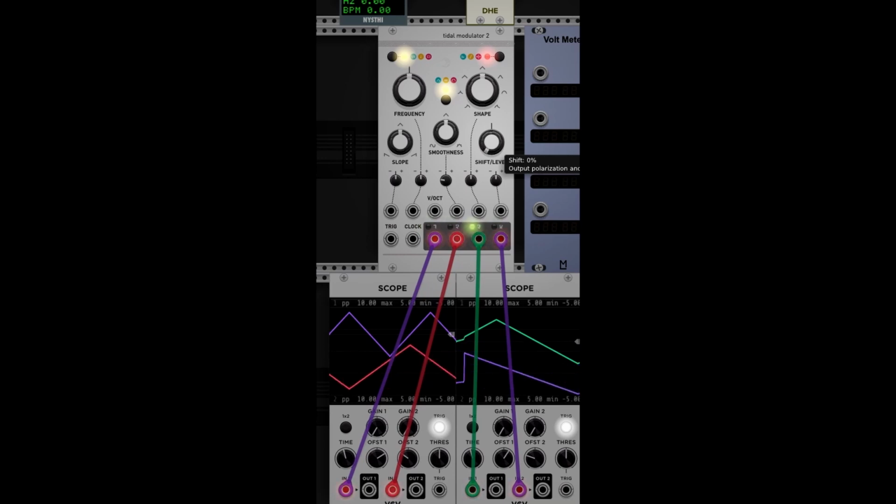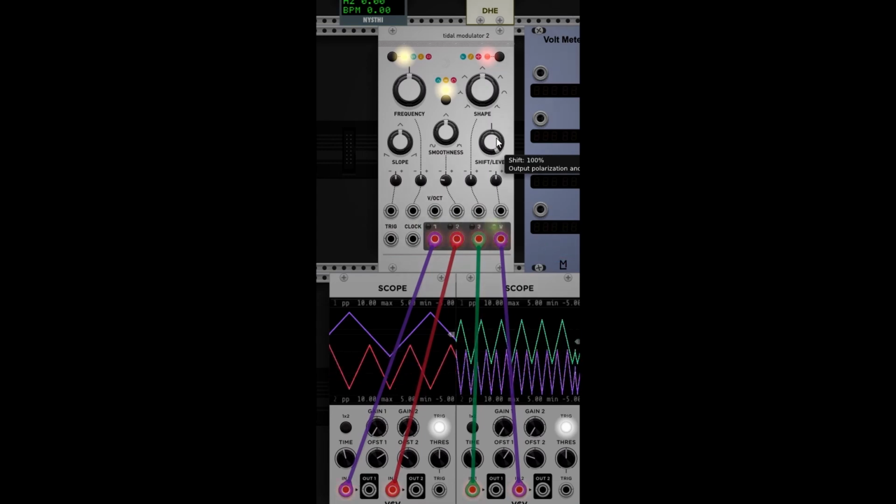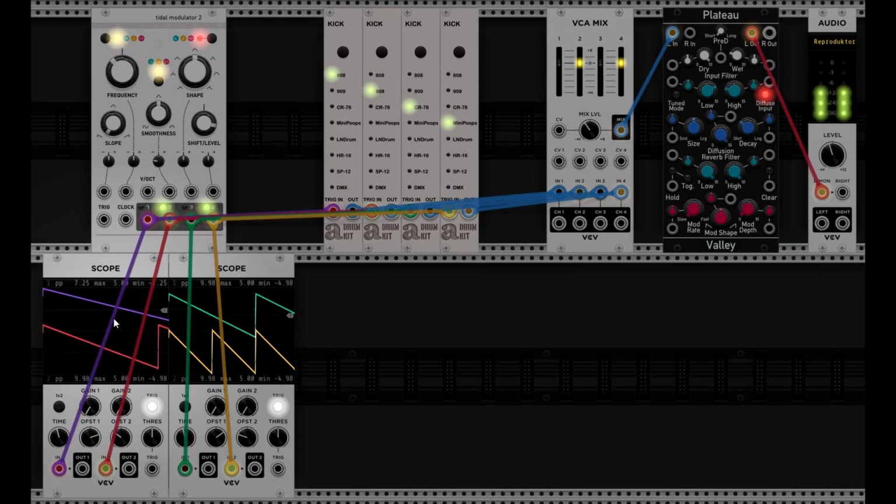And when I turn the shift level knob to the right, it's the other way around. The frequencies increase in the order of the outputs from 1 to 4, with 4 delivering the highest frequency. We get polyrhythmic rhythms this way when the module is in cycling mode.